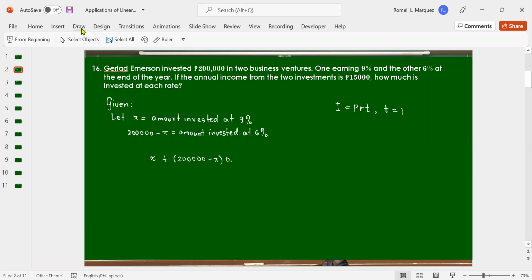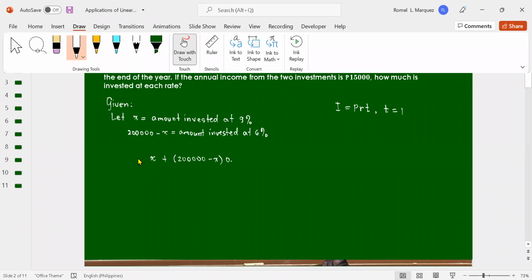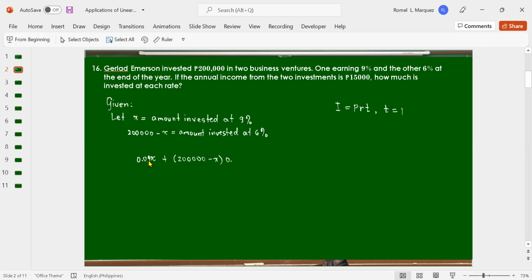This is 0.09, right? Tama ba, guys? Ito is 0.06. And what is the total interest or income? 15,000. You want to get 15,000 for the total interest, no?